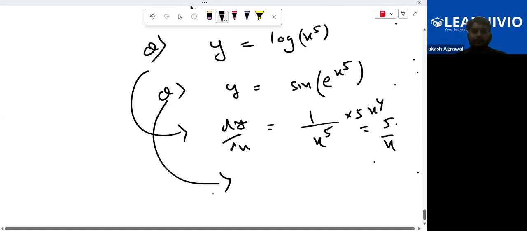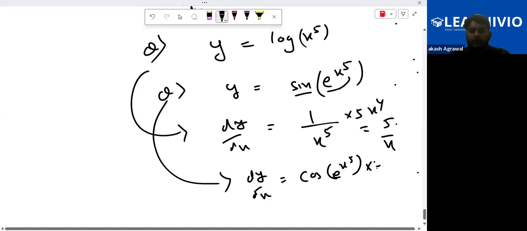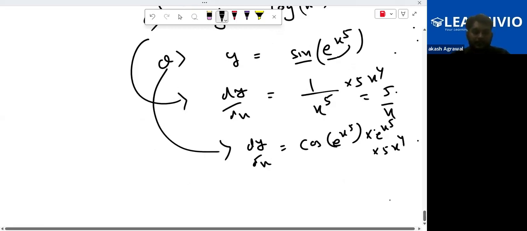And the second one, see here we have two positions. 5x raised to 4 into cos e raised to x to the power 5. Yes, e raised to the power x to the power 5 times 5 x to the power 4. Yes, all of you, this is clear?